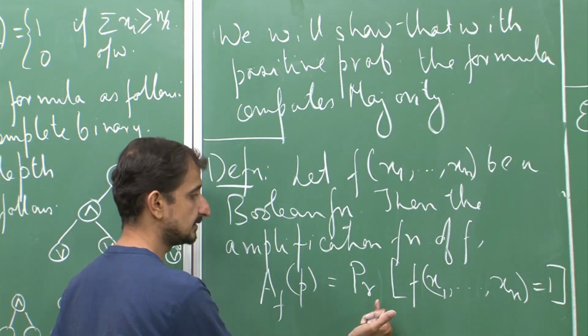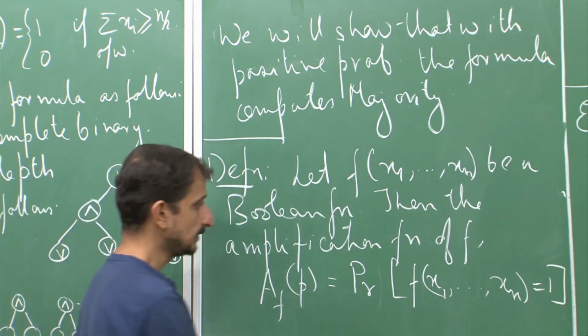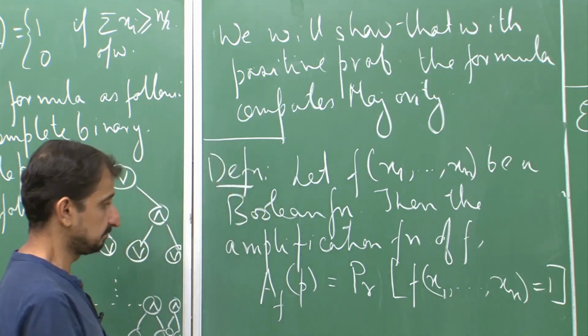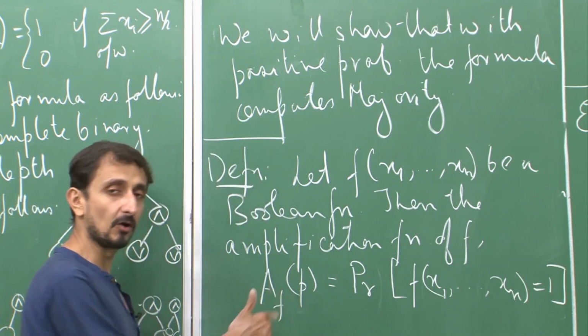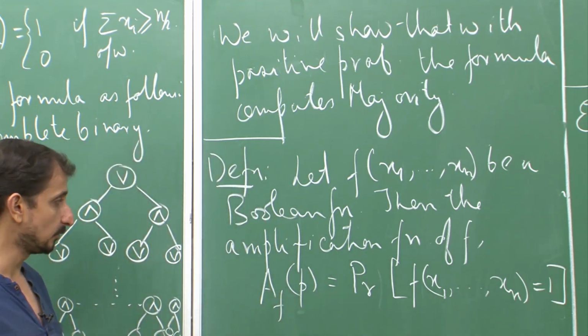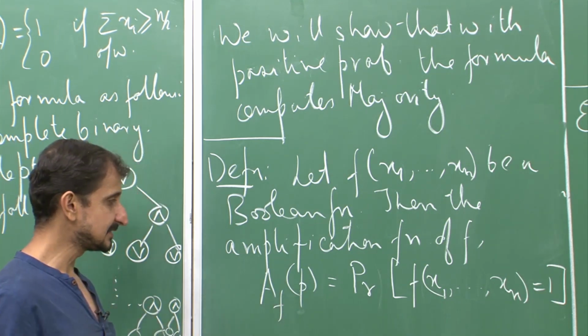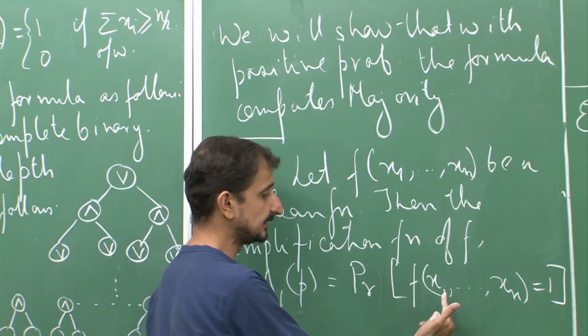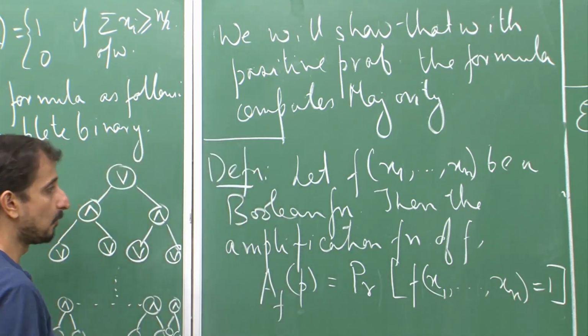And what is this probability over? So, this is the probability over, or the other question also is that where does p occur? Okay. So, I haven't said what p is. So, p is the probability with which these variables take a value 1. Okay.